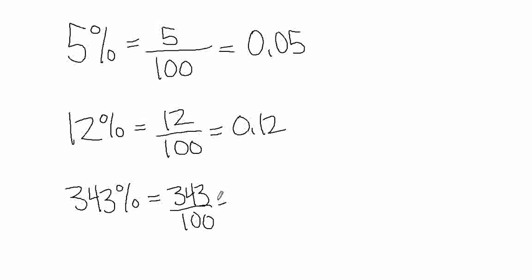And we know how to find the equivalent decimal to a fraction. For this example, it'll turn out to be 3.43. Notice you still get the equivalent decimal by moving the decimal point 2 hops to the left, even when the number is bigger than 100, like 343.